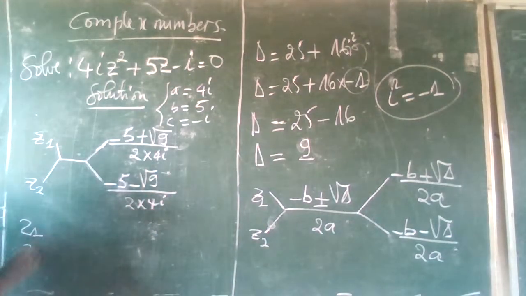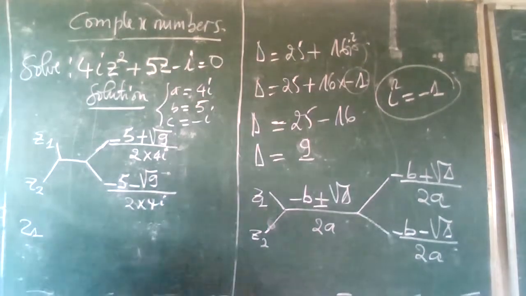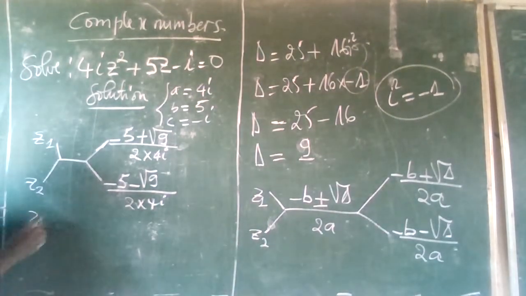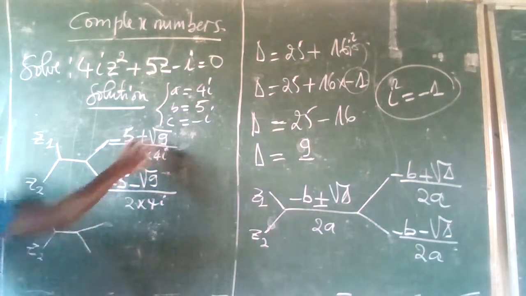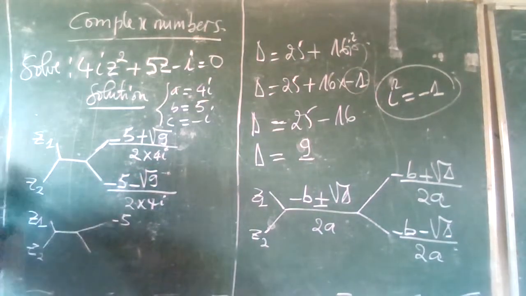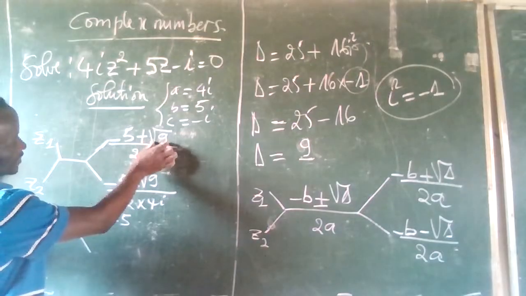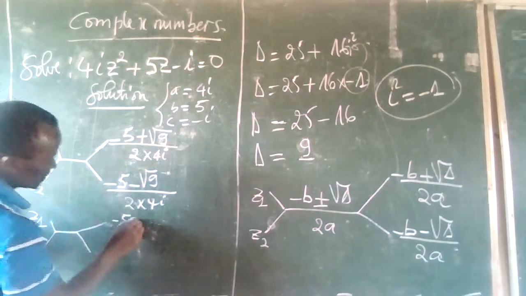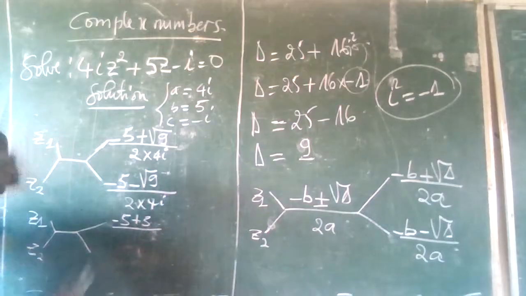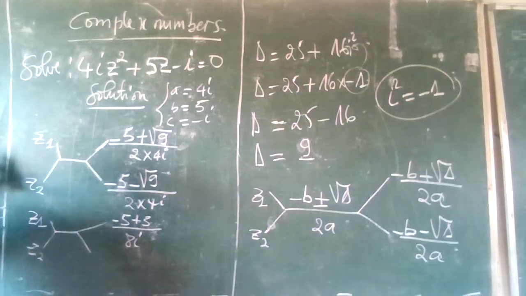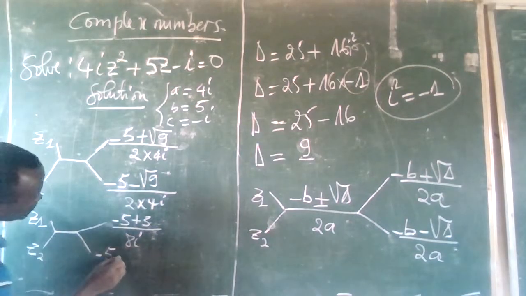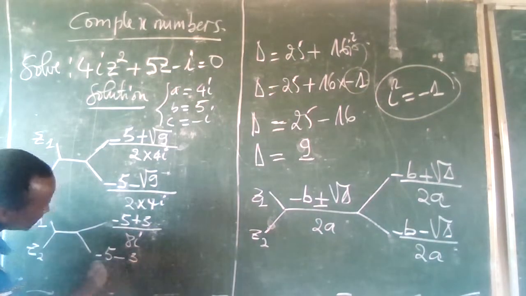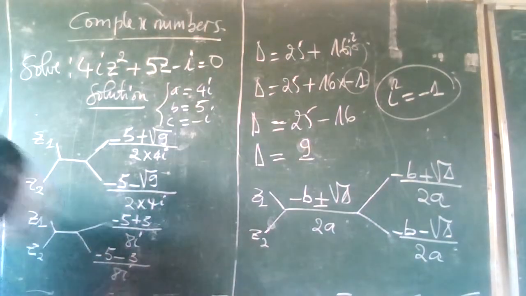Now Z1 and Z2 will be, we are here, minus 5, right? Plus, root of 9 is 3, over 8i, right? Also, this is minus 5 minus 3 over 8i, right?